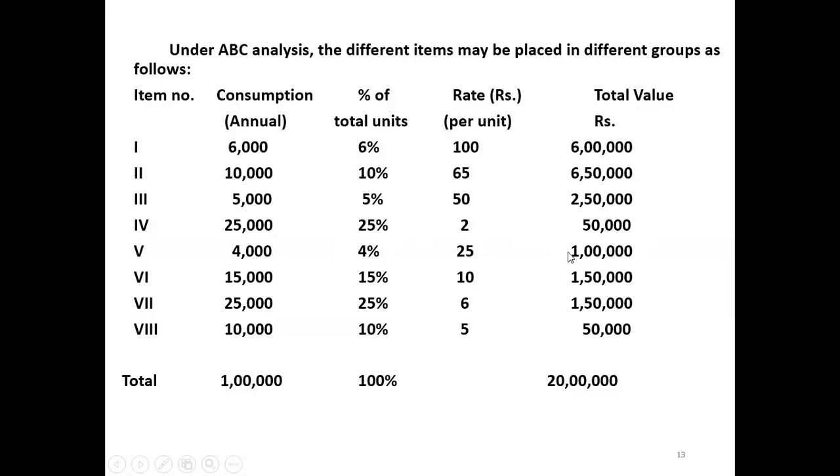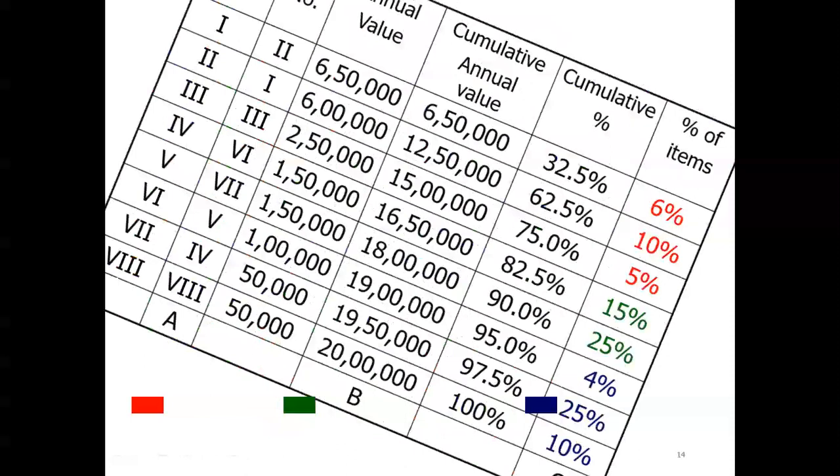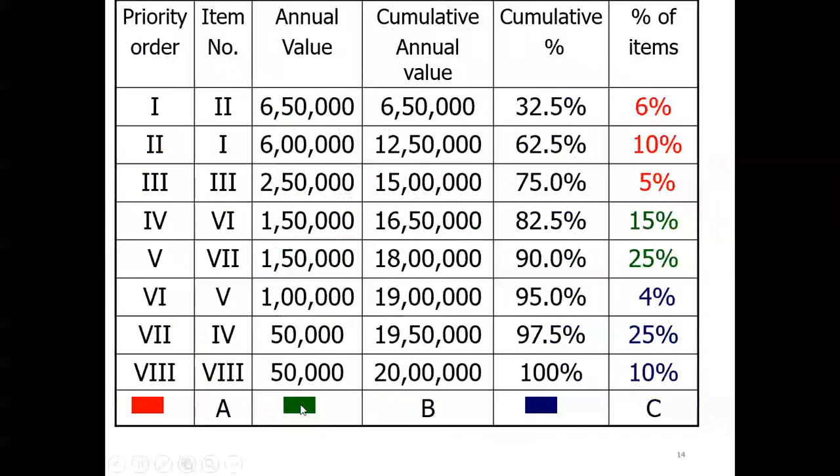What I am trying to tell you here is which items have more value. Those items having more value I am putting in the A category. Those which are green, here the total value is this much, so 82%, 90% value. The percentages are 15% and 25%.